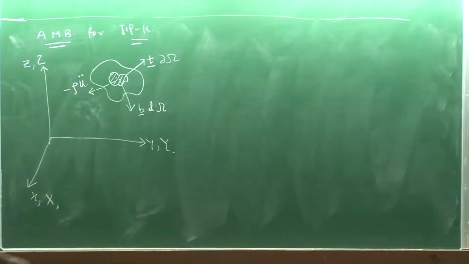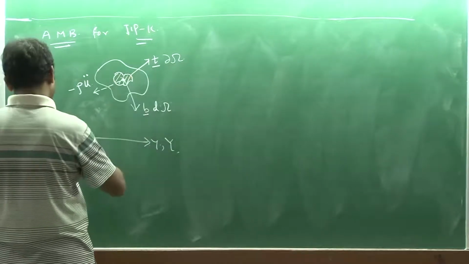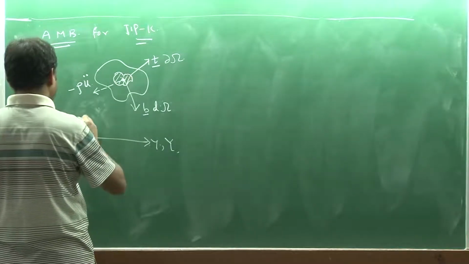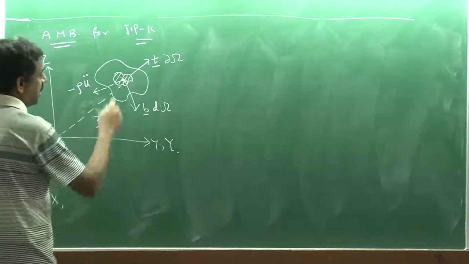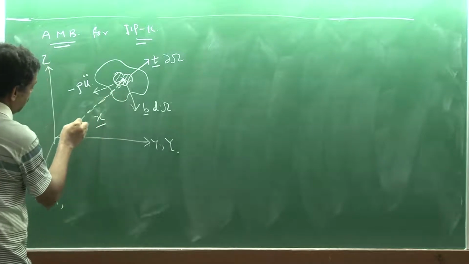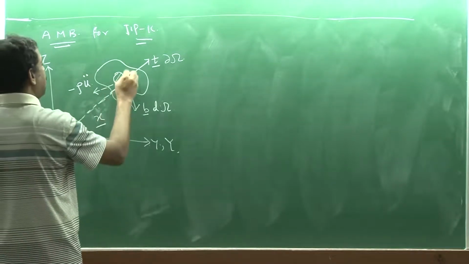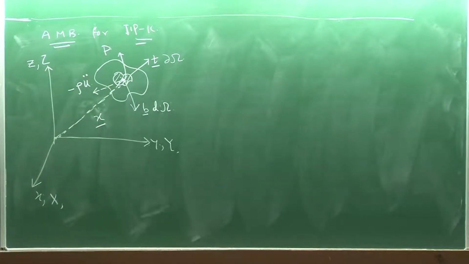Okay. So, I will take the moment with respect to the origin. So, I will join this, with respect to the origin. So, I am assuming that the position vector of this point is denoted by x bar, this is point P, and I am considering a very infinitely small domain here.